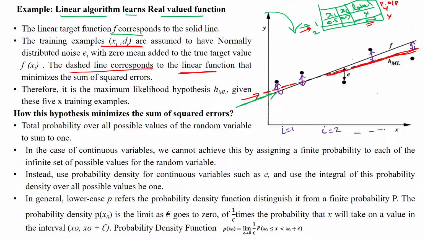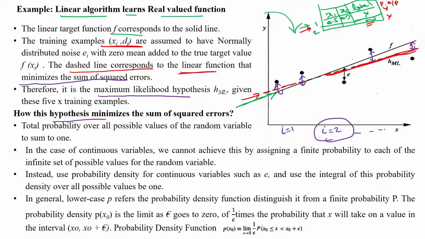The error should be minimized. The iteration in which you get the least error will be your maximum likelihood hypothesis. So this is the way to calculate the hypothesis for the linear regression algorithm for a real valued function.